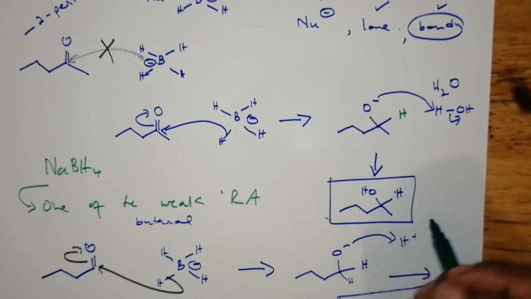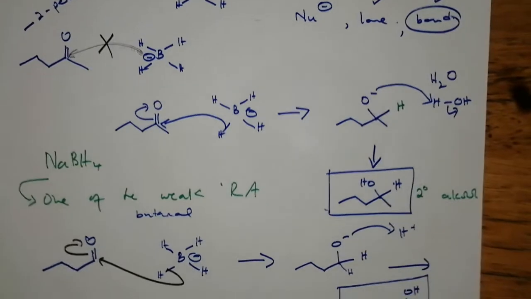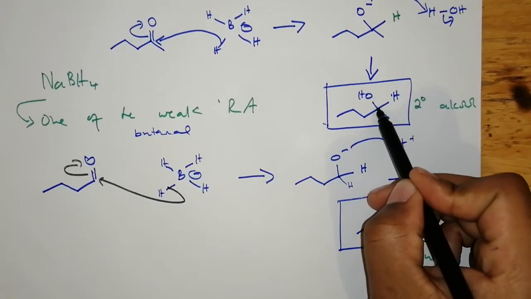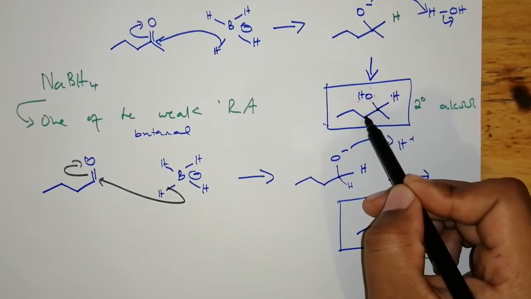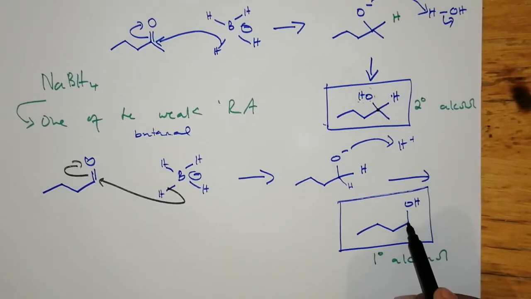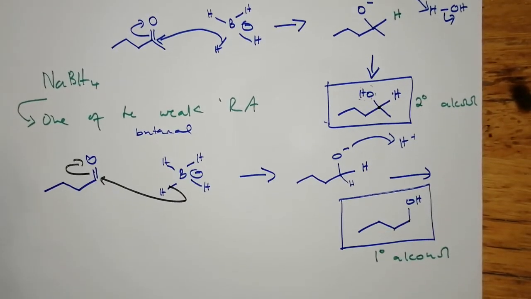This is a secondary alcohol. And the reason I was able to determine that is because this OH group is attached to a carbon that is attached to two other carbons. This OH group is attached to a carbon that is only attached to one carbon. So this is a secondary alcohol and a primary alcohol.